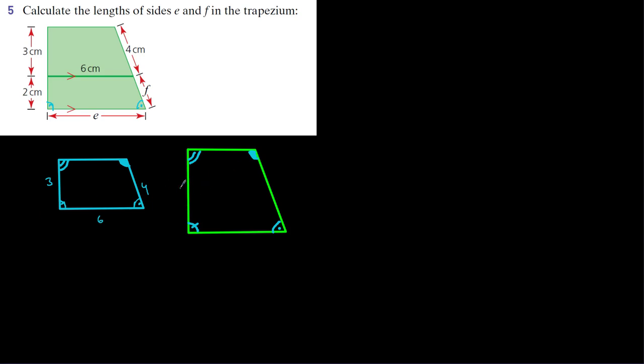Here this is 5, E, and this total length is 4 plus F. So from the figure, opposite of this angle, 5 over 3 should be equal to E over 6, and then 4 plus F over 4. So I can continue one by one to find E and F.